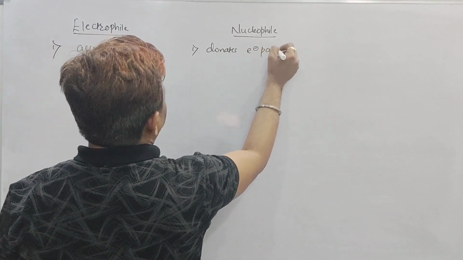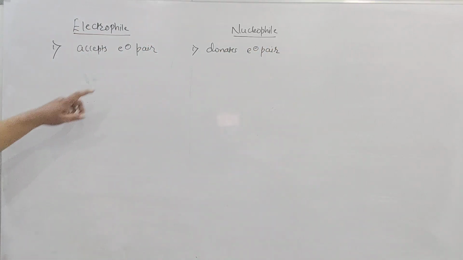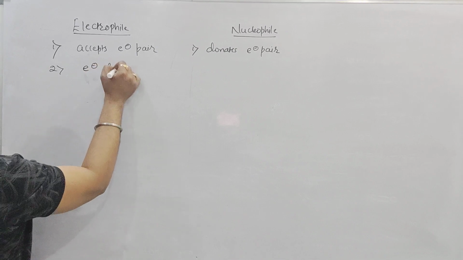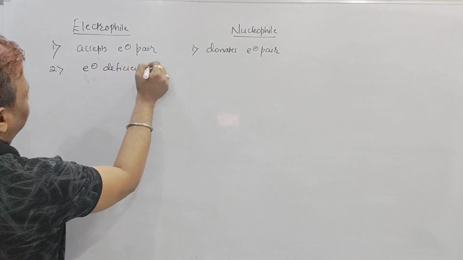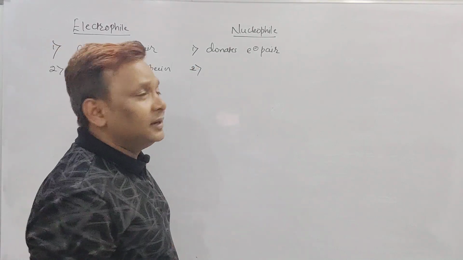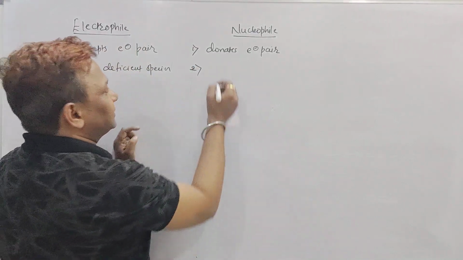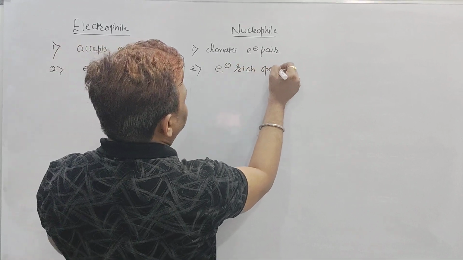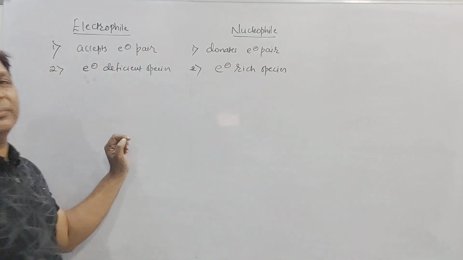One has a tendency to accept an electron pair, the other has a tendency to donate an electron pair. The electrophile is an electron deficient species. So what is this one, you can say now? Sir, it will be the electron rich species, right? Because of that, it has a tendency to donate a lone pair.